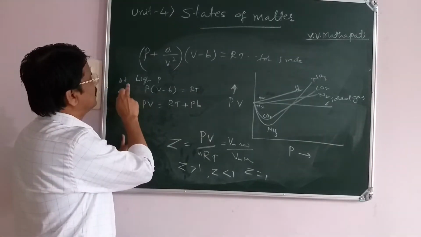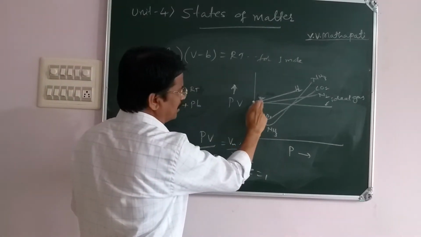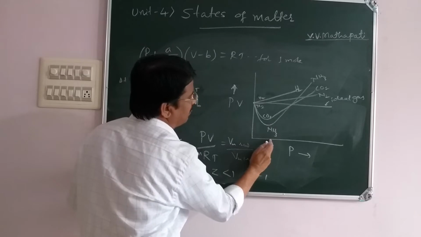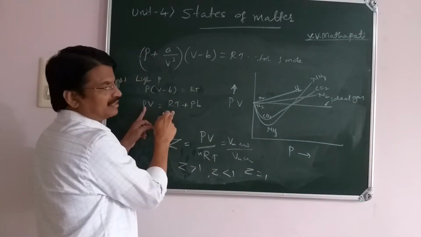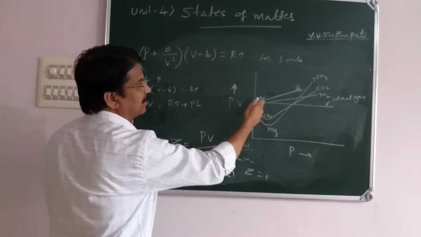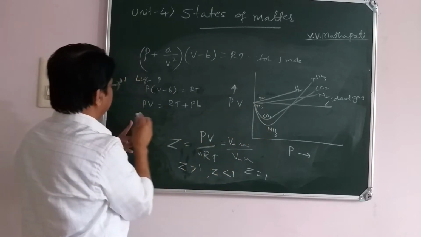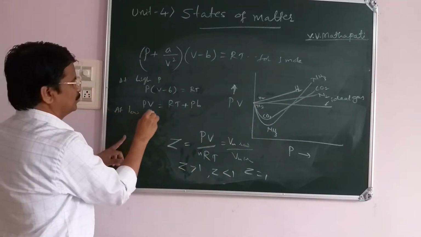Means at high pressure, see what happens. At high pressure, mainly applicable for this, and even here. PV greater than RT at high pressure, and PV less than RT. Now see here, at low pressure, what happens?